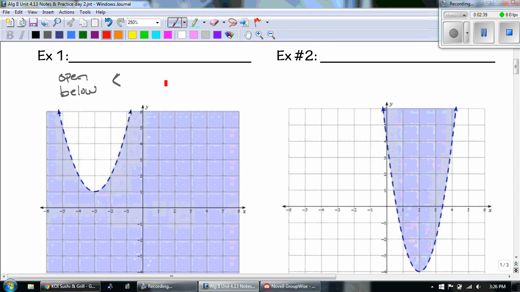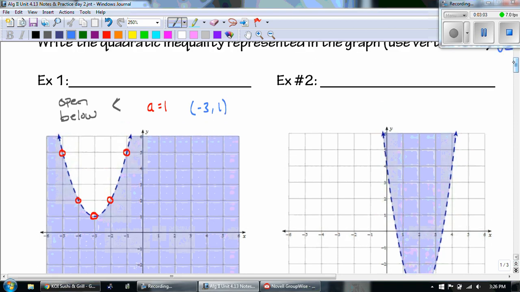Now, after that, I want to find out what my pattern is. Here is my vertex, and it looks like I'm going up 1 over 1, and 1, 2, 3, 4 over 2. That's my positive 1 pattern. And then I need to find my vertex of negative 3, positive 1. Now I can fill everything out, okay?